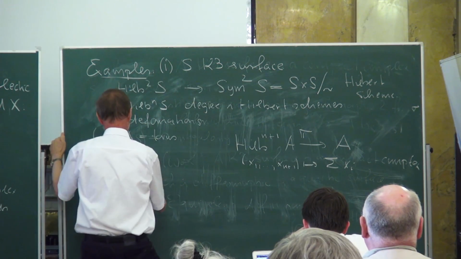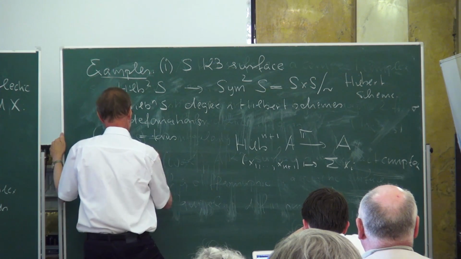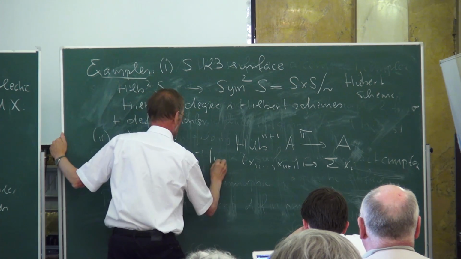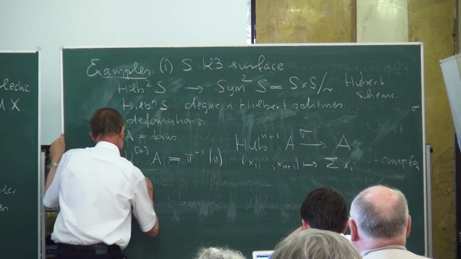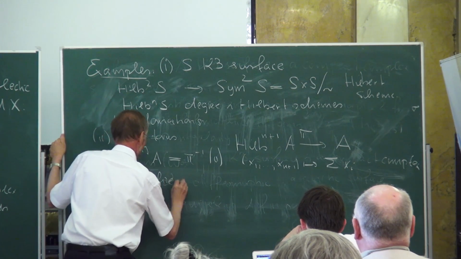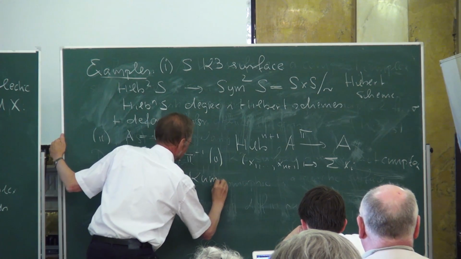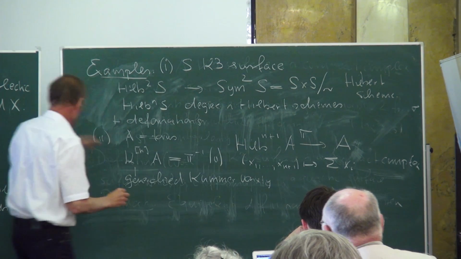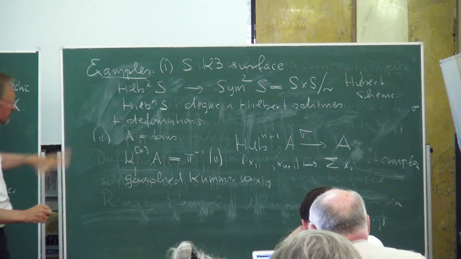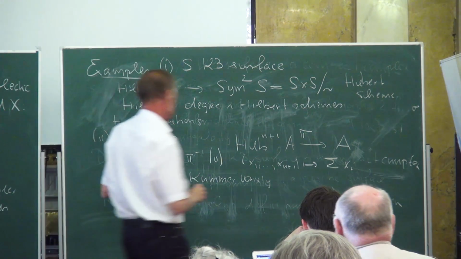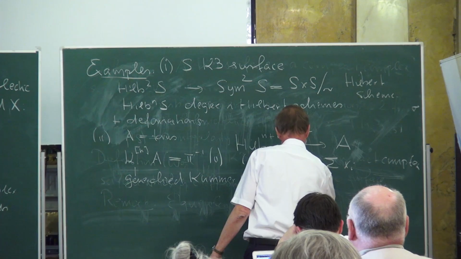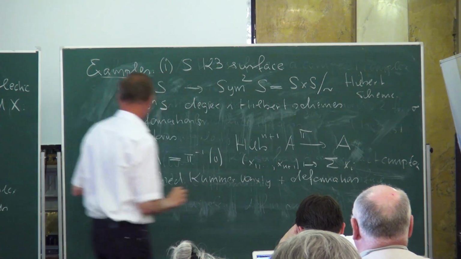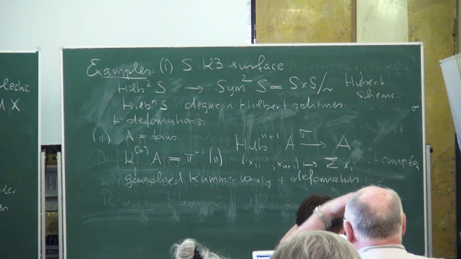Then I can take the generalized Kummer, that would be pi minus 1 of 0. So this is a generalized Kummer variety. The Kummer varieties I gave you as an example are the first step, but I can generalize that to higher dimension, plus deformations. Those are two examples, two series.